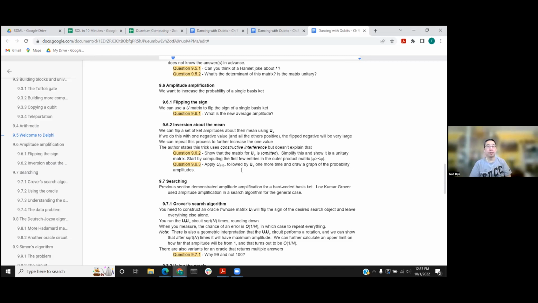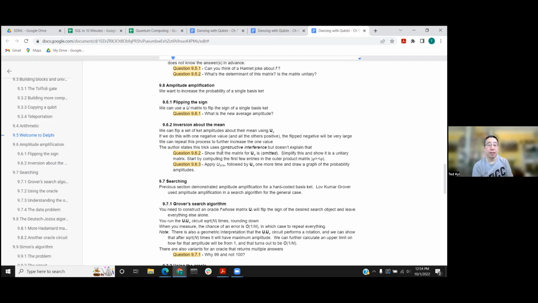Basically, it's this inversion about the mean thing, where if you have things on one side of the average and things on the other side of the average, you can flip them, but in the way that it flips them, the one that's the farthest away actually gets a little bit farther, and the other ones get a little bit closer to the mean. And so they show the different pattern, the different matrix, that does this and how this works.